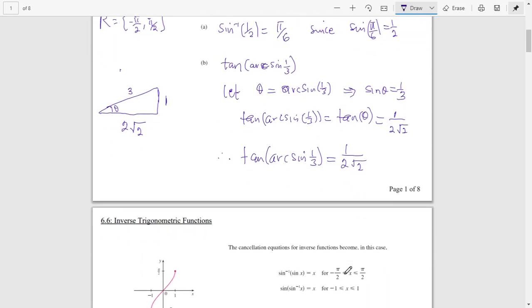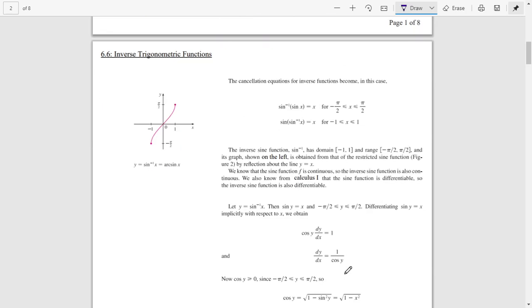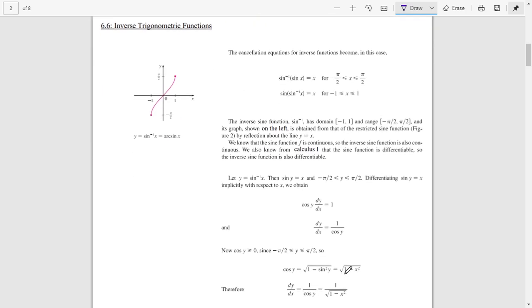We can also say more things about this inverse trig function. For instance, if you remember our cancellation equation, we say that if f inverse is the inverse function of f of x, then the cancellation equation tells us, where am I going to write that? I'll write the first one here.